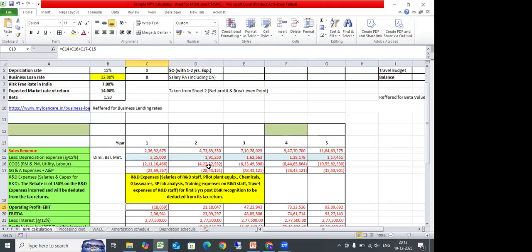What is EBIT? Earnings before interest and tax. So from the sales revenue, I have subtracted the depreciation, the COGS, and the selling and administrative expenses. So for the first year, I am not making any profit. I am at a loss.